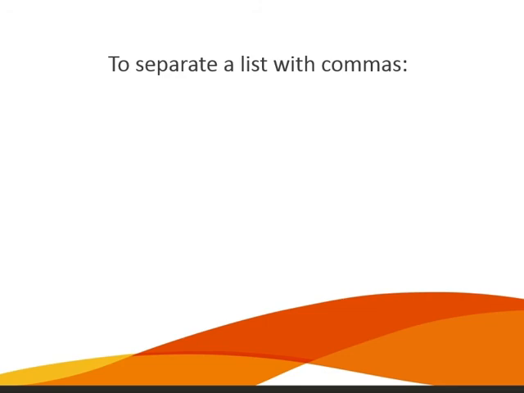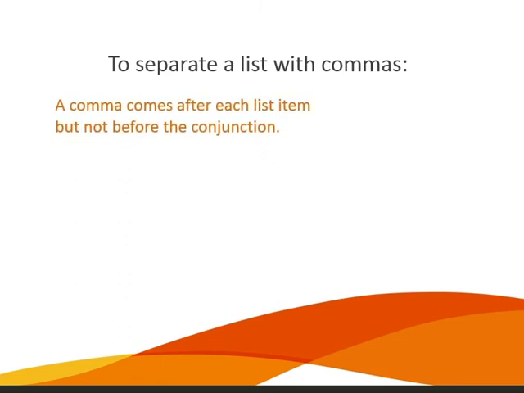Yeah, I see. Thanks. Now, are you going to tell me how to properly separate a list with commas? Yep, let's go back to our list of subordinating conjunctions. A comma comes after each list item, but not before the coordinating conjunction.